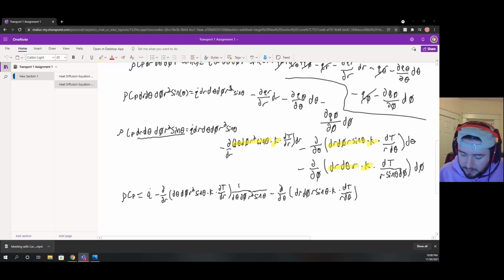And then when we divide by the volume, that term turns into dr d phi r squared sine theta.